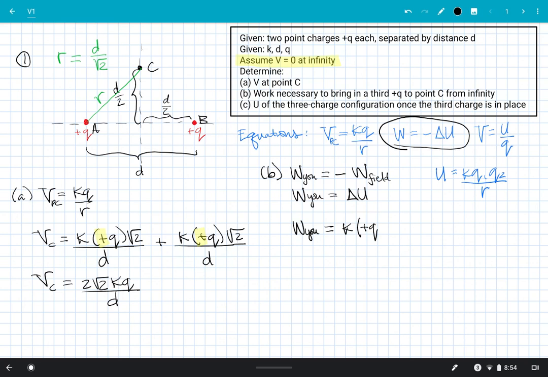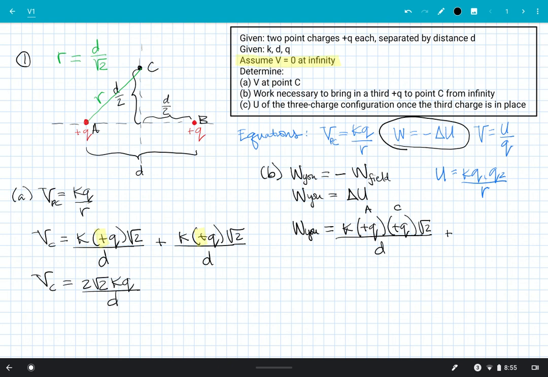All the charges have positive Q. So positive Q over, and then remember we're bringing it into point C. So the distance between the charges A and C. Let me start by doing A and C here. That distance is going to be D over root 2. So D, and then I'm going to pop the root 2 up here. Okay, so that's one pair.